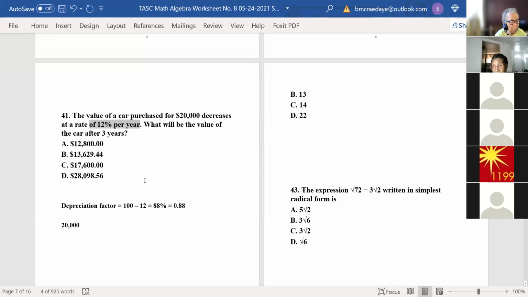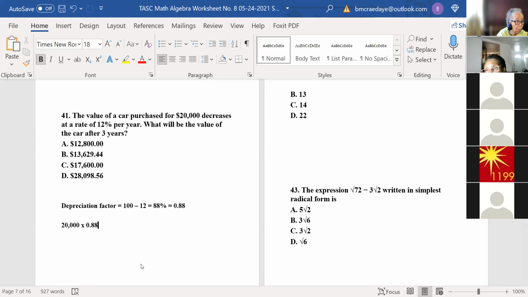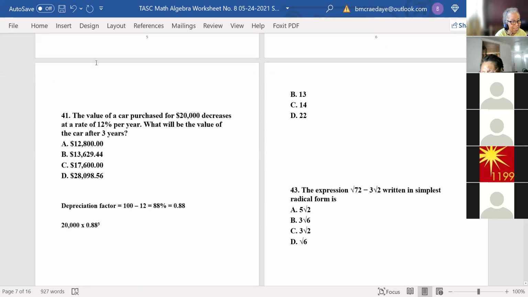So this 20,000 would be times the 0.88 raised to the 3 years, the third power. That's the number of years. I would never get that one right. So this would be times 0.88, and we would raise that to the third power.